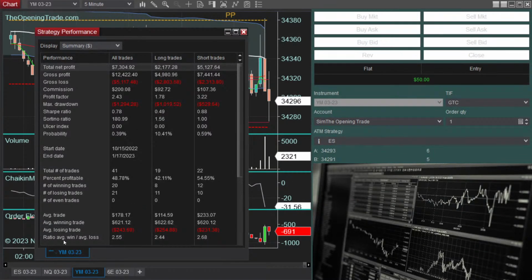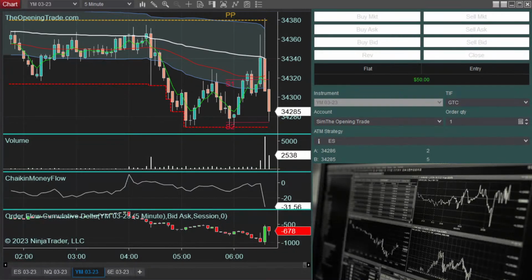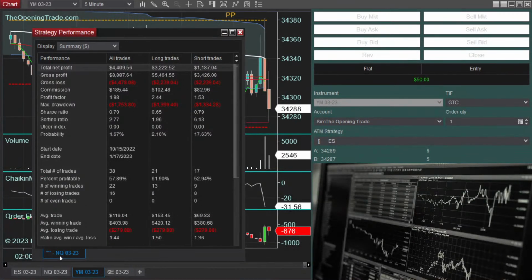Here is our YM performance in our simulated account. We started on October 15th of last year going through today. Here you will see our NASDAQ futures performance.